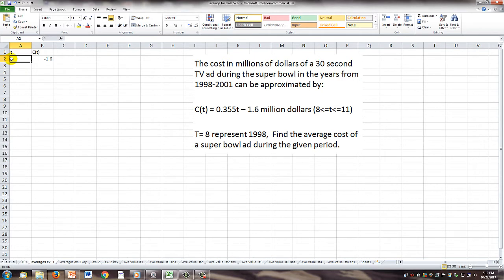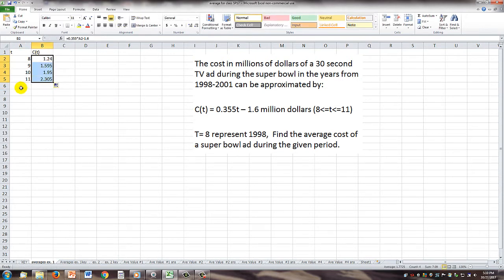And t equals 8 represents 1988. So if I calculate the cost in 1998, and then 1999, and then 2000, and then 2001, I would get these values.